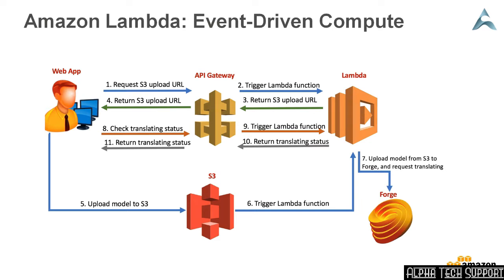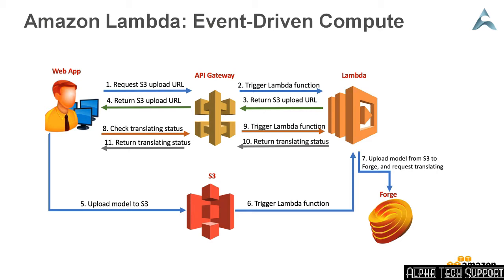It goes to the API Gateway, which passes that translating request and triggers the Lambda function. The Lambda function in return returns the translating status, which is reflected back to the web application. So this is a simple way of how it could work with the API Gateway, S3 and a web application. Similarly, we can involve Lambda with a wide range of services and applications to provide a huge range of solutions in various scenarios.